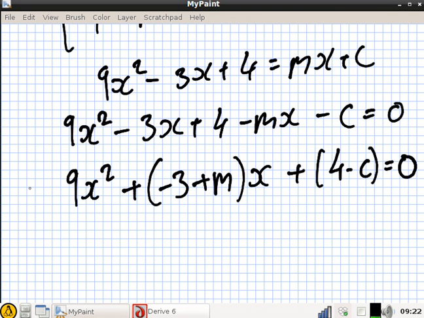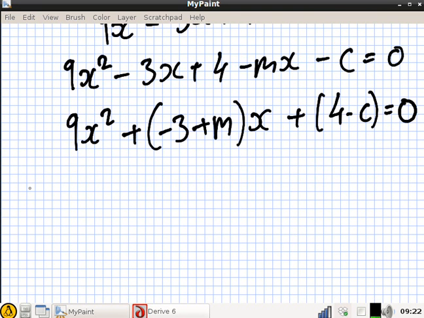It should be 1. So if we think back to quadratics, there's some result I can use now from quadratics if I know there's exactly 1 answer. b squared minus 4ac equals 0.